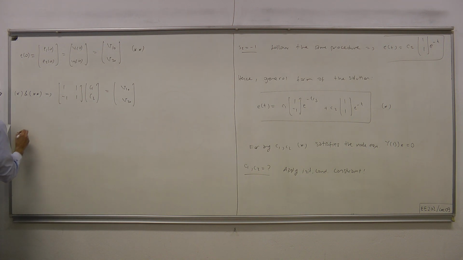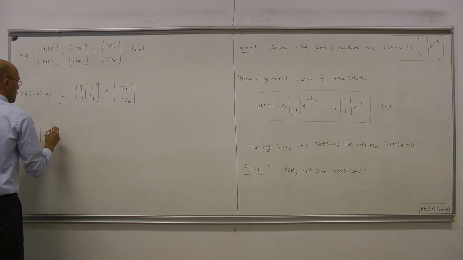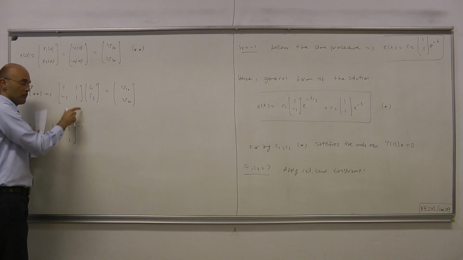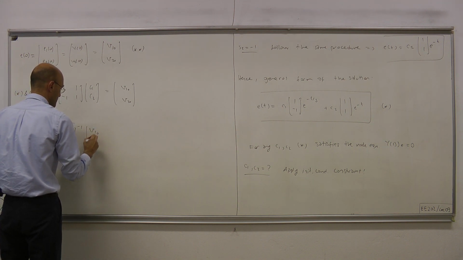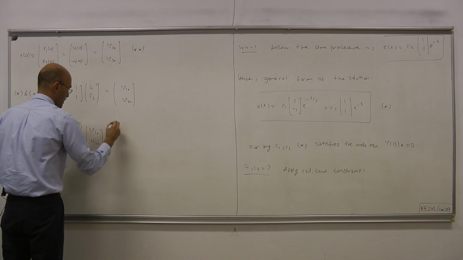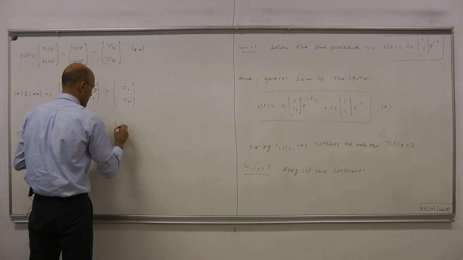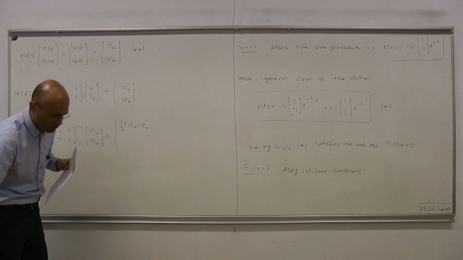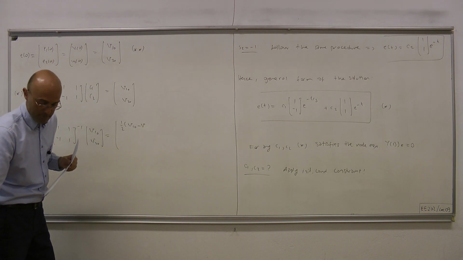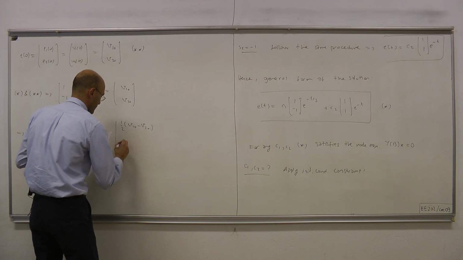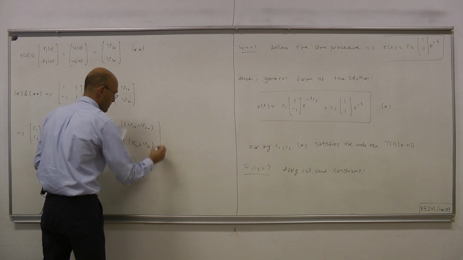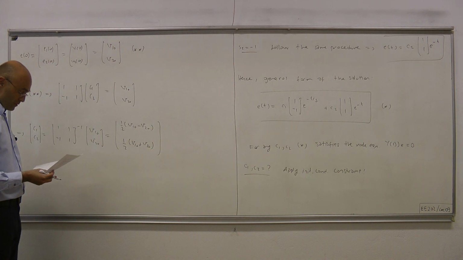Hence, C1, C2 equals the inverse of the matrix 1 minus 1, 1 1, times V1(0), V2(0), multiplying both sides by the inverse of this matrix. The answer turns out to be one half times the difference, and the second entry is the average of the two initial voltages.